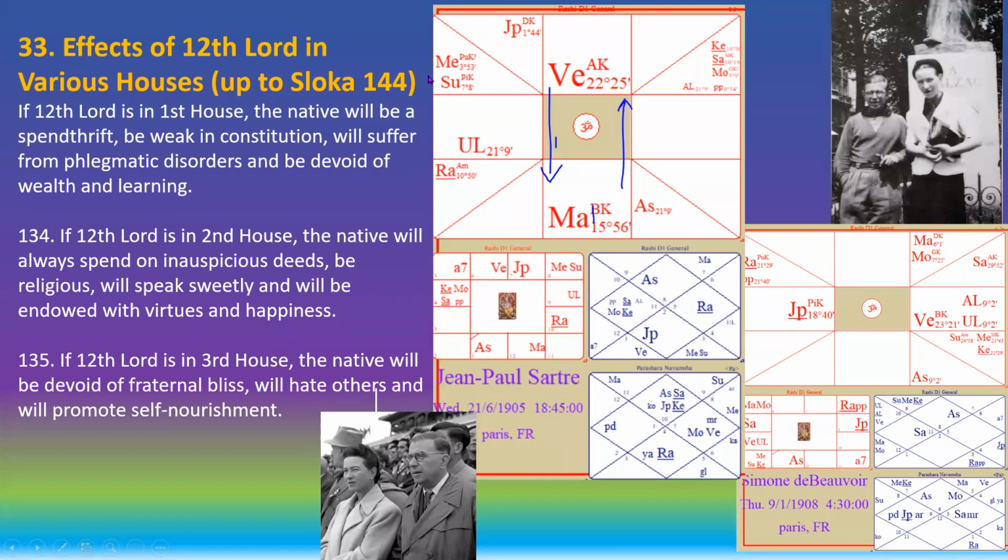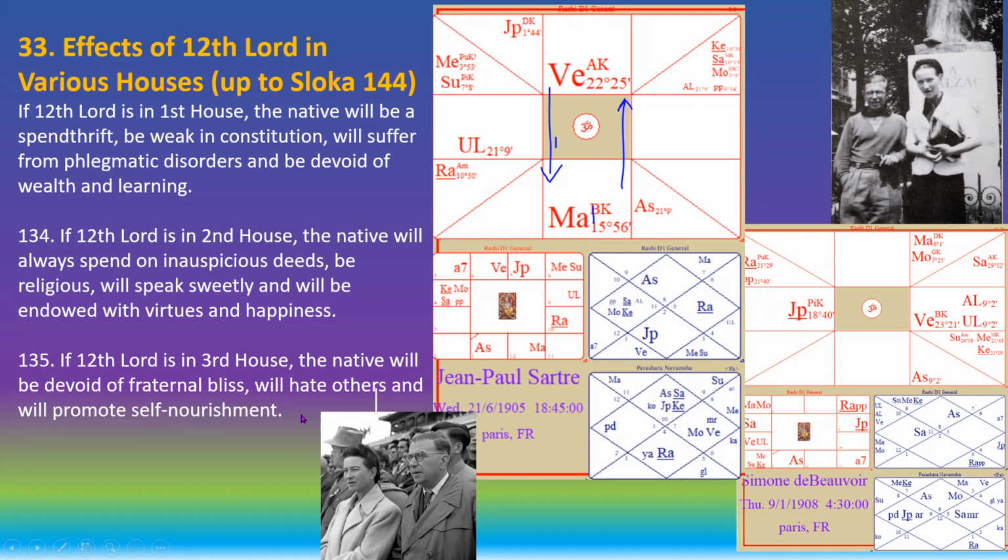Now, effects of the 12th lord. Does everybody know Simone de Beauvoir? And Jean-Paul Sartre. Simone de Beauvoir had the 12th lord in the 3rd house. The native will be devoid of fraternal bliss, will hate others, and will promote self-nourishment.